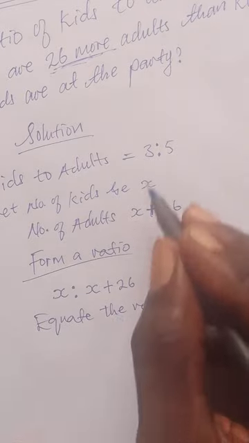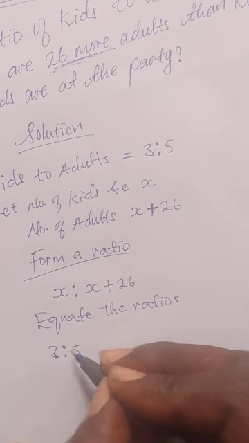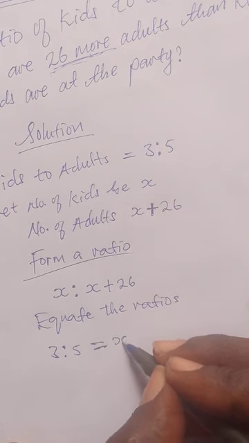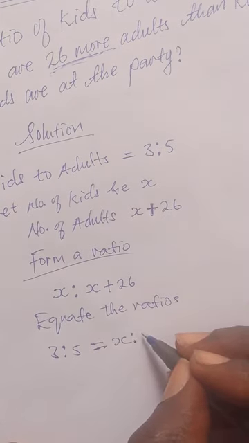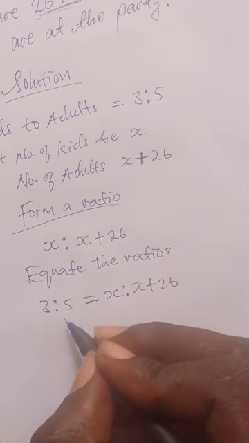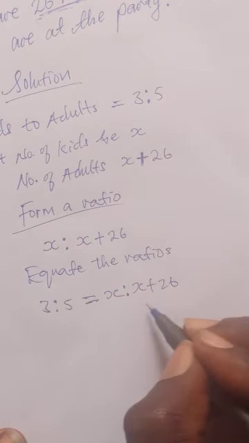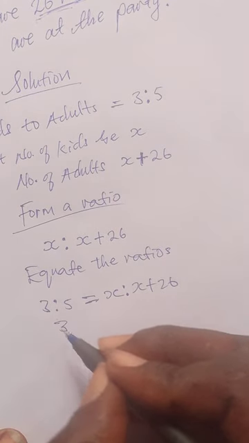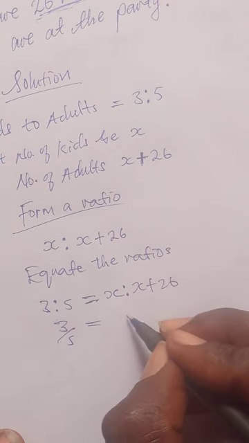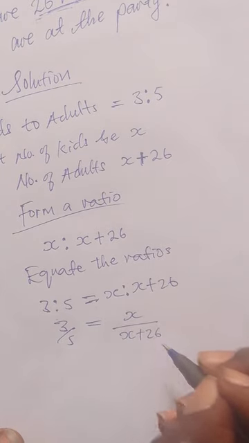How do you do that? Now, 3:5 should be equated to X to X plus 26. Fine. Don't forget we can form a fraction using these ratios. So the first one is 3/5, and this should be X over X plus 26.